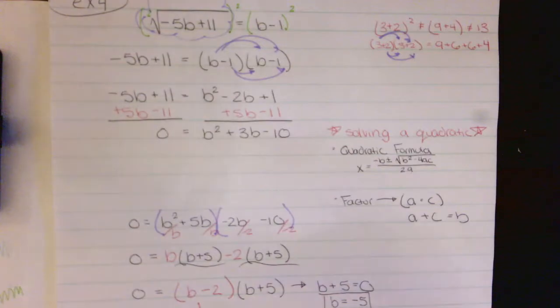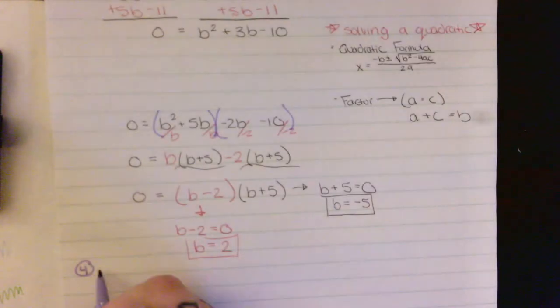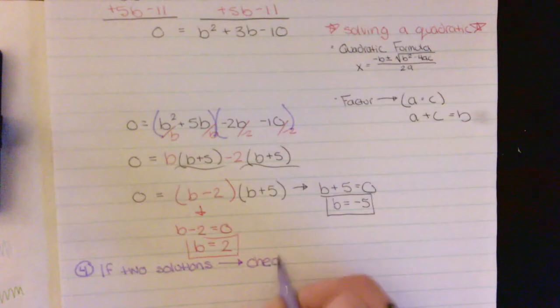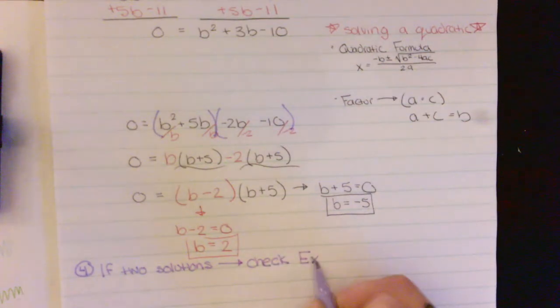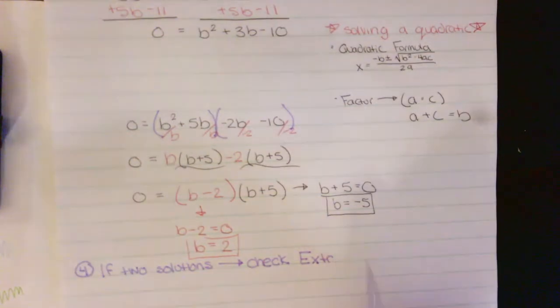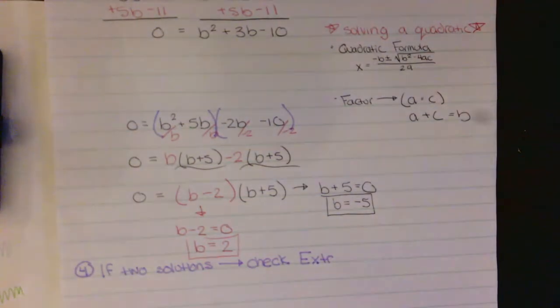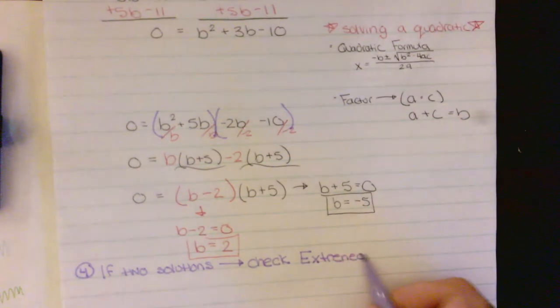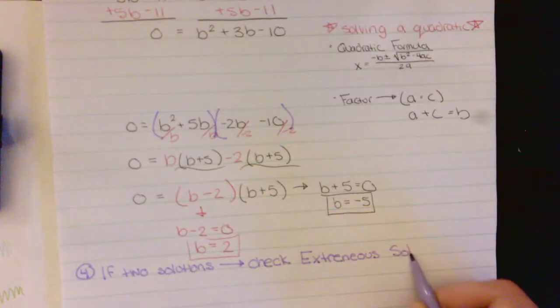Now, let's put in our step 4. So, if you get two solutions, then you need to check for extraneous solutions. Extraneous solutions.